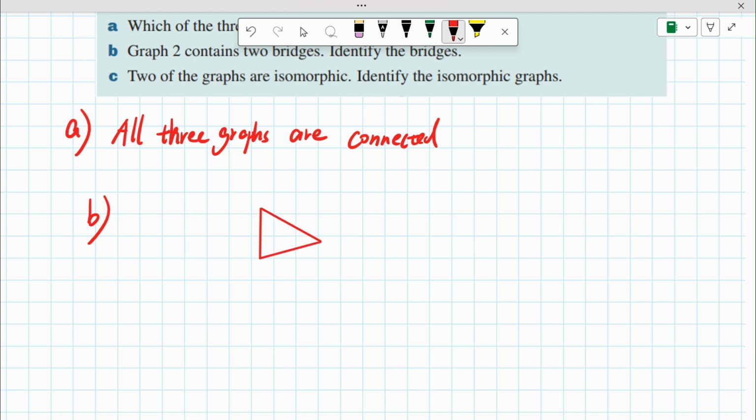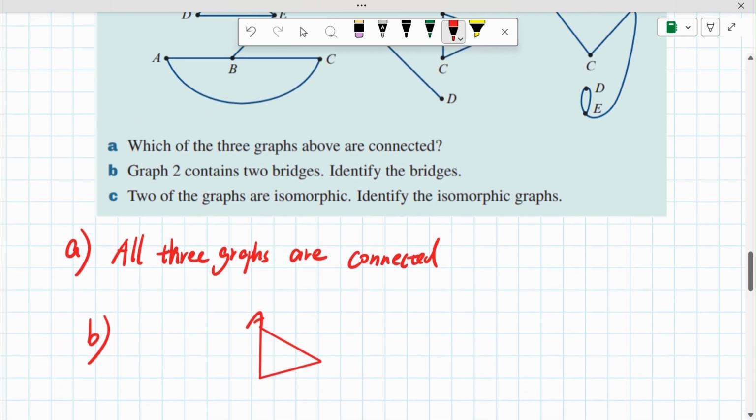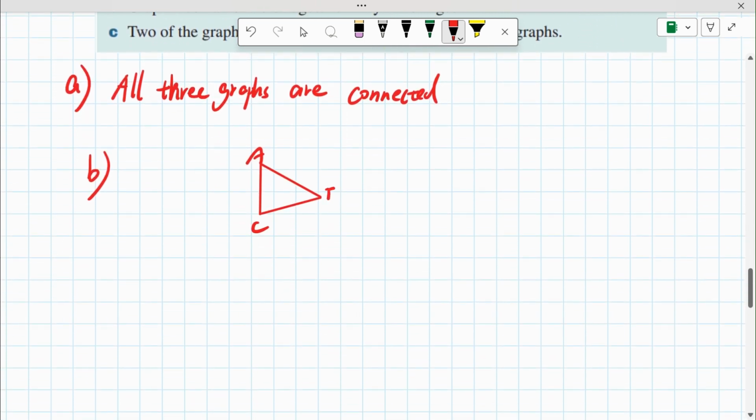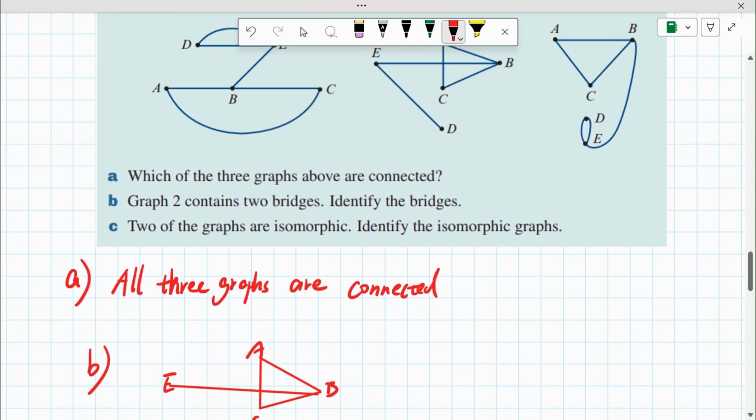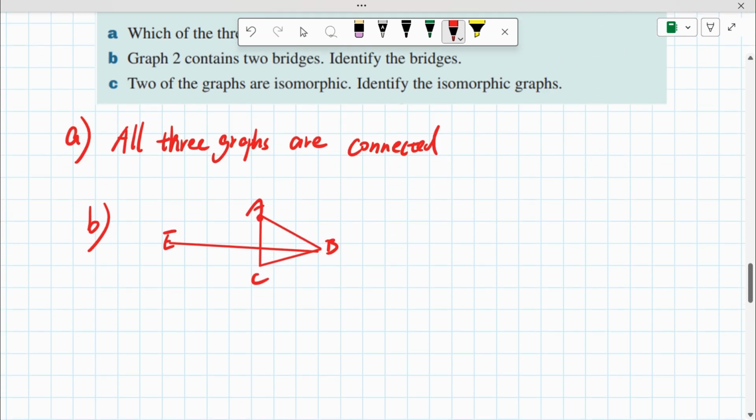Okay, perfect. So A and C and B, and then connect from between to D. This one is actually E, and the next point will be D. Okay, anyway, that looks like graph 2.